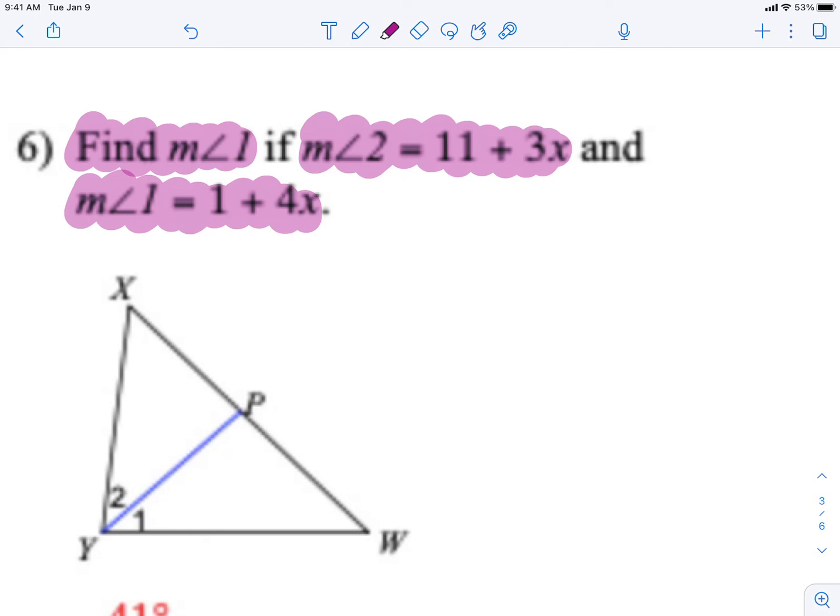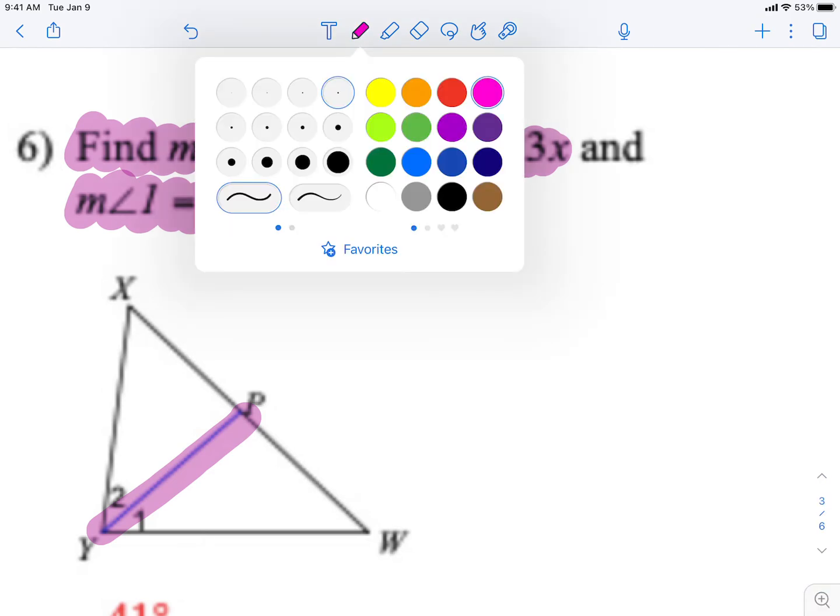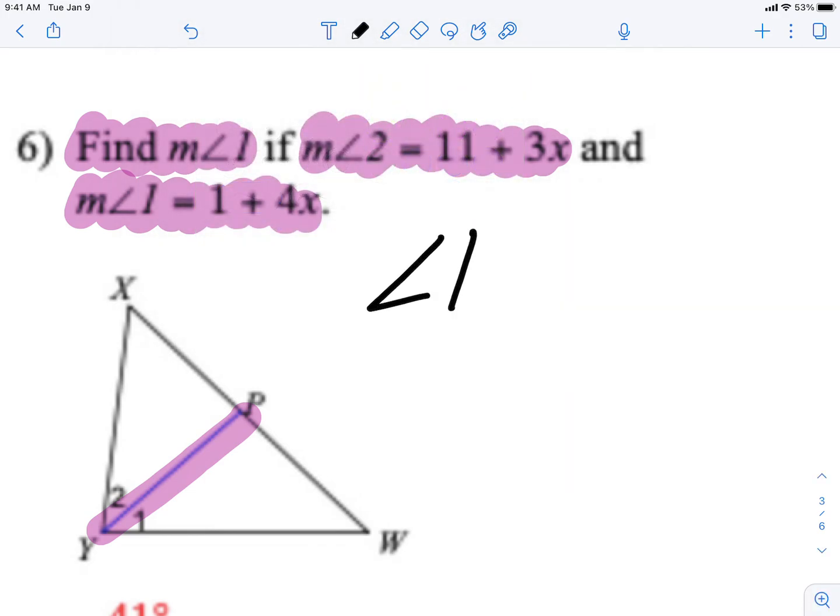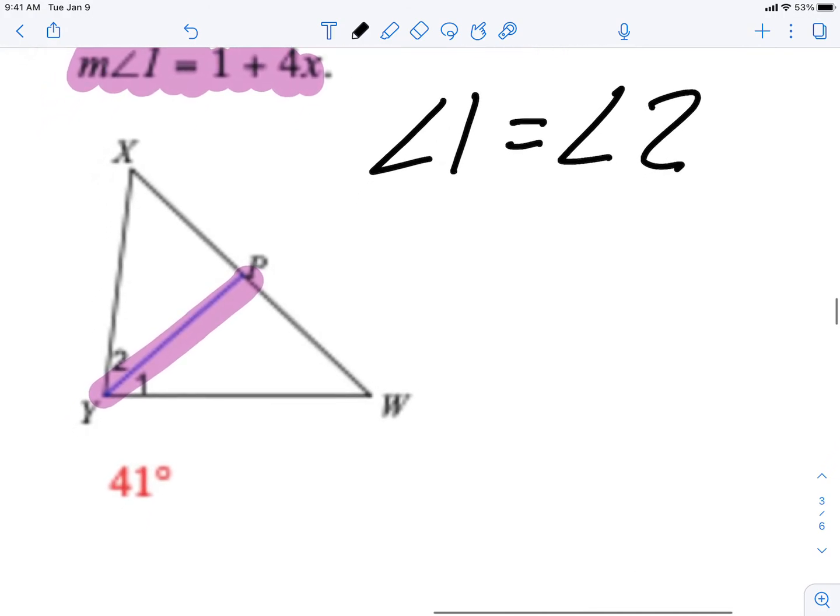Nowhere here, guys, does it mention WYX. There's no WYX here. So we're not going to do angle 1 plus angle 1 equals WYX. What we are going to do is angle 1 is equal to angle 2, because we know they are, right?